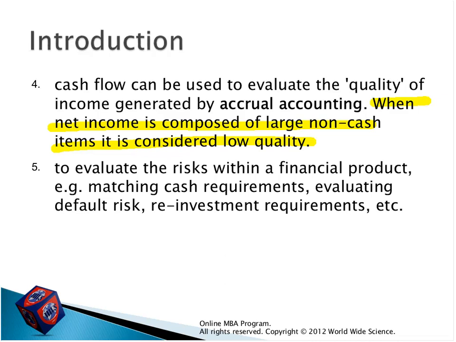In this situation, the company really shows that you have high income, but this income is not guaranteed by cash money. It says that the quality of the financial position of the company is very low.